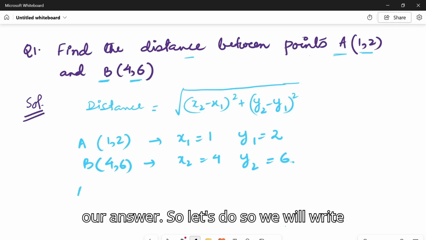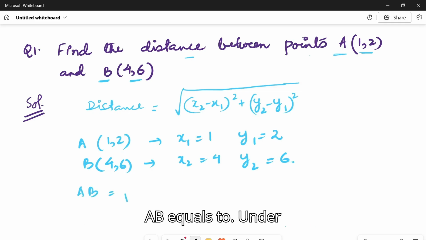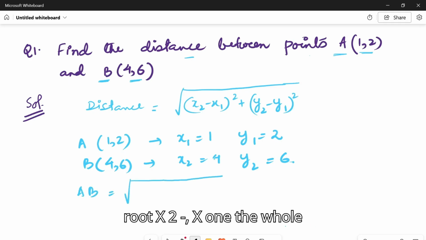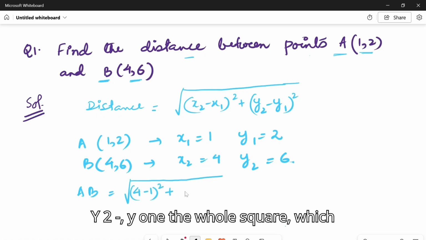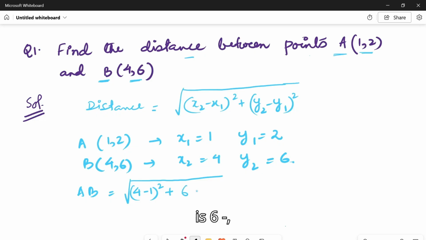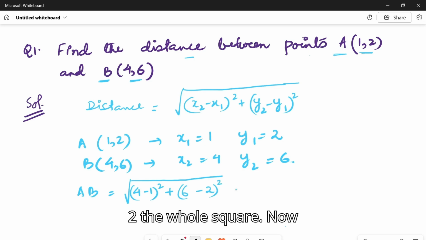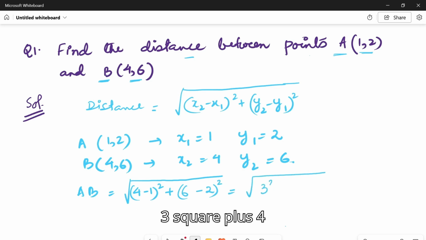So we will write AB equals under root x2 minus x1 the whole square, which means 4 minus 1 the whole square, plus y2 minus y1 the whole square, which is 6 minus 2 the whole square. Now if we solve this, we will get 3 square plus 4 square.